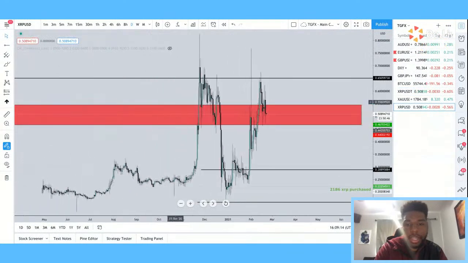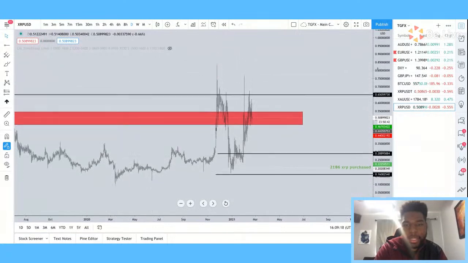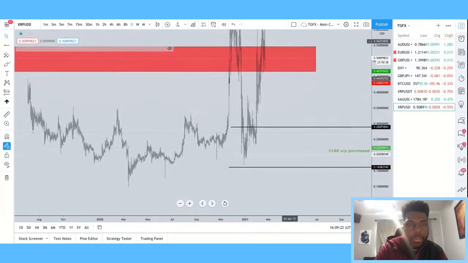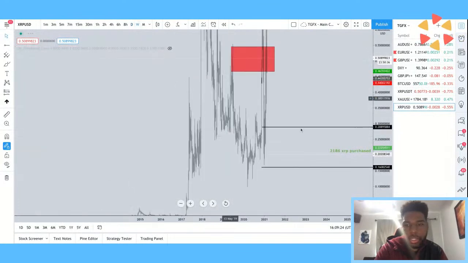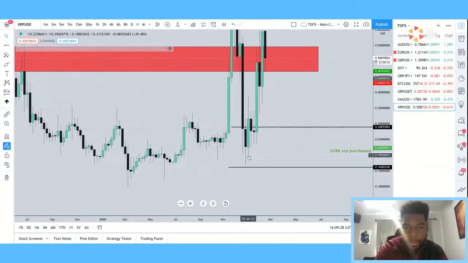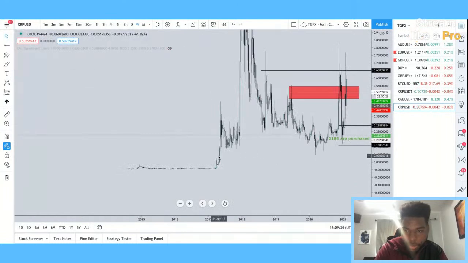Oh, I guess I used this chart the last time I was charting because it does say I bought some. Yeah, so I bought it on the wicks way down here again. My first entries on XRP were, I think over here, like 18 cents, somewhere over here.